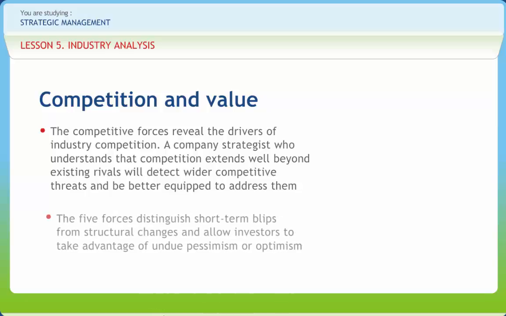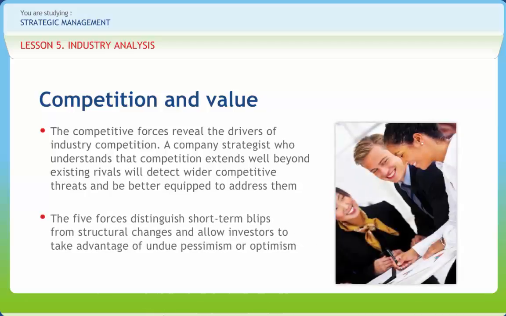The five forces distinguish short-term blips from structural changes and allow investors to take advantage of undue pessimism or optimism. Those companies whose strategies have industry transforming potential become far clearer. The conversation between investors and executives would focus on the structural, not the transient.